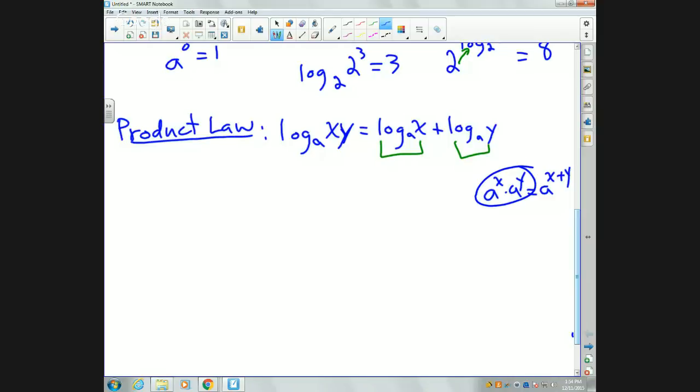In order to show you, and I won't do it for all of them, but I'll show you where this one comes from, and then the procedure for showing where the other ones come from is very much the same. I'm going to start here by saying, hey, let's let m equal a to the x, and let's let n equal a to the y.